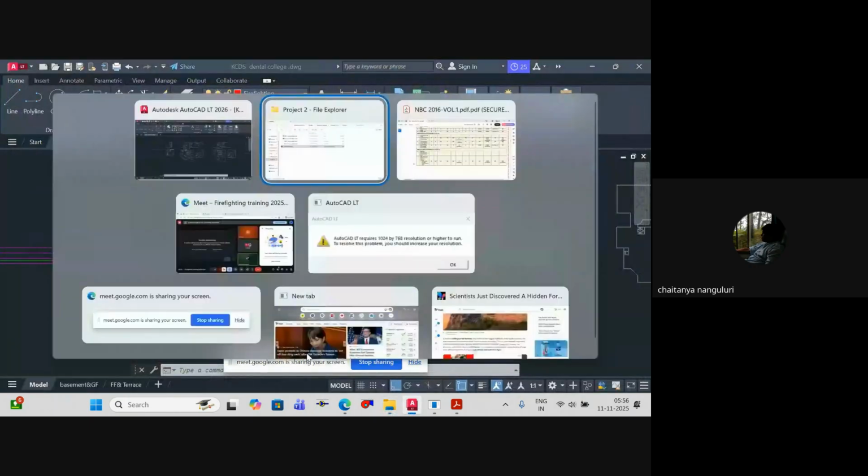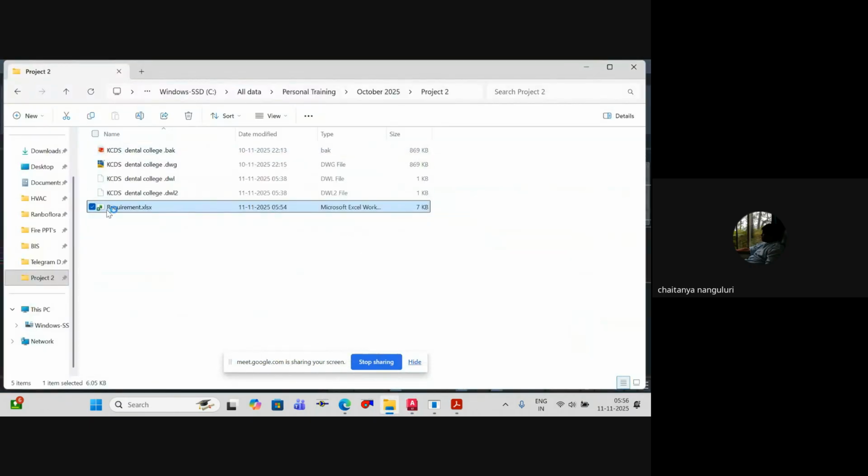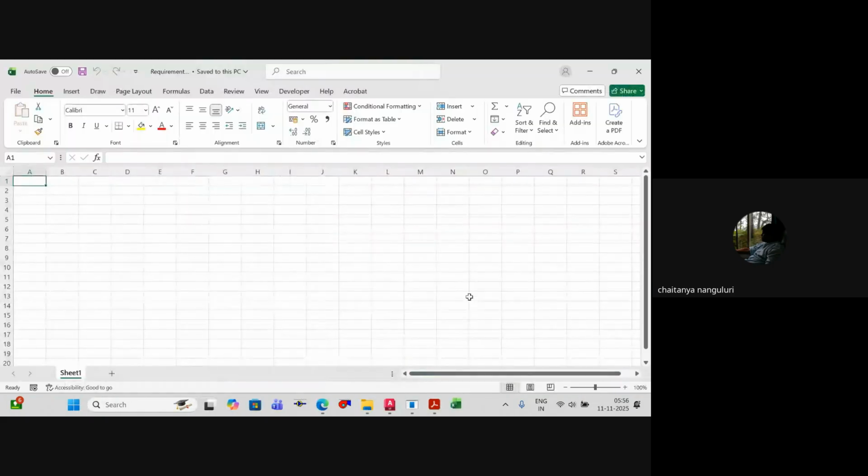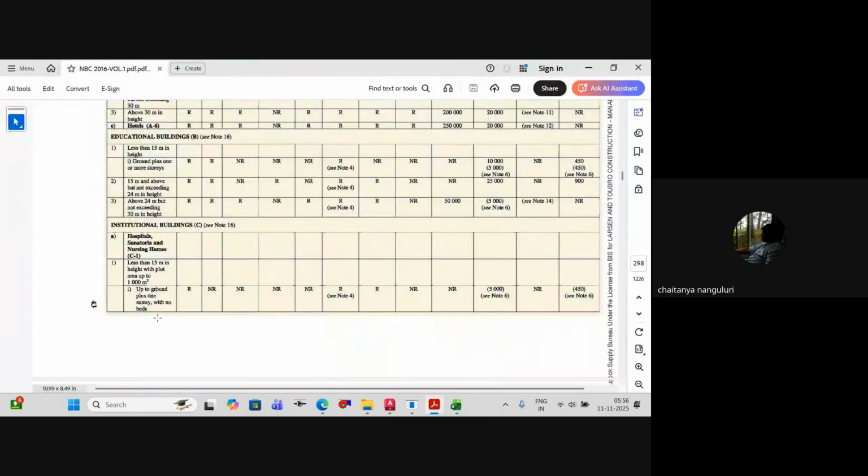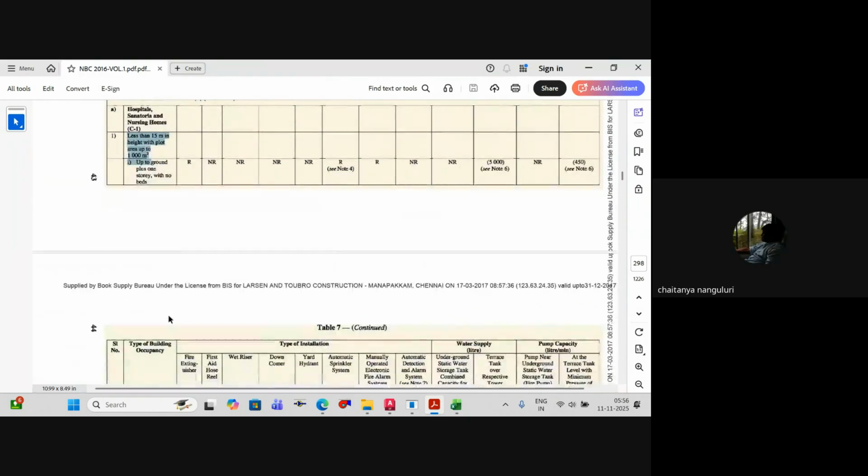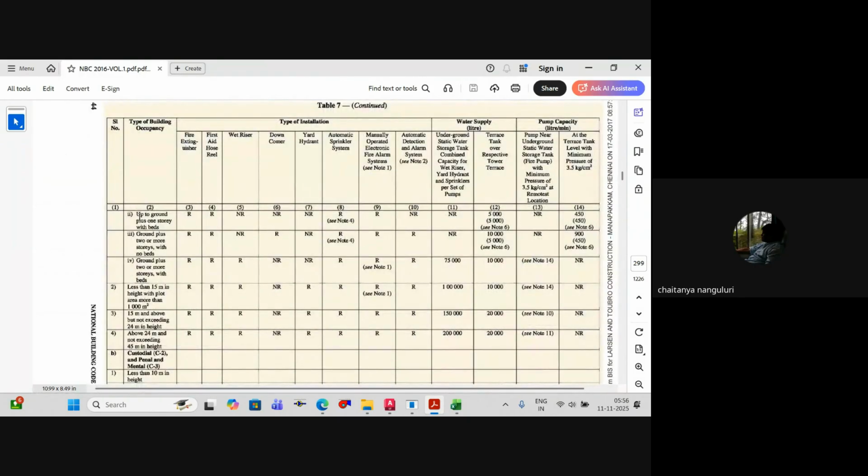So our plot area is 5,000 square meters. So definitely you have to go to the next one. Not up to 1,000 square meters, we have to increase the area, not building area. Yes or no? Yes. So in that case, we have to refer to the one above ground floor.